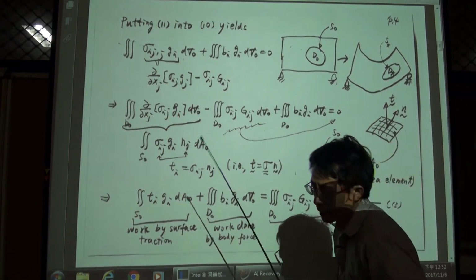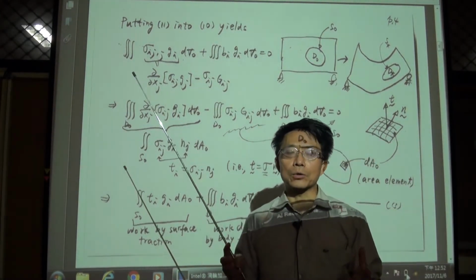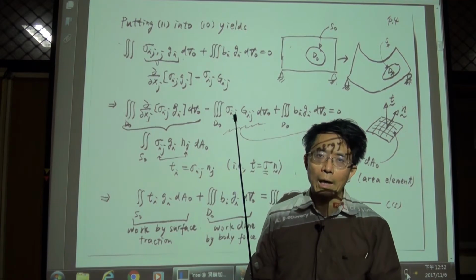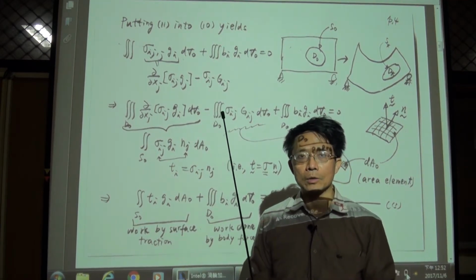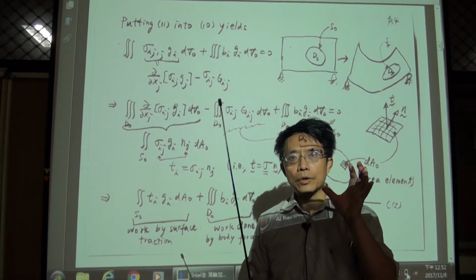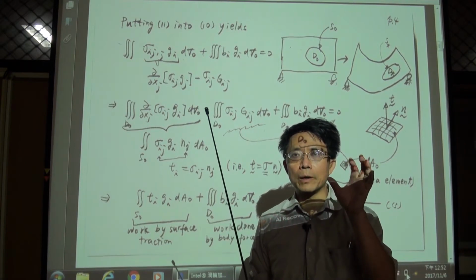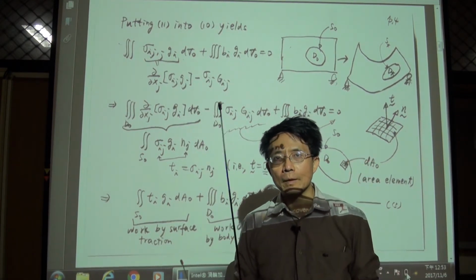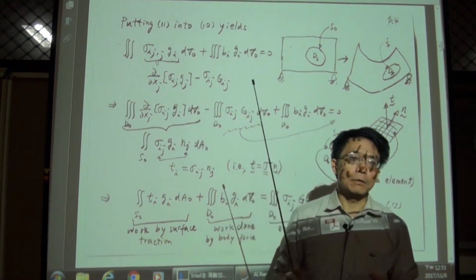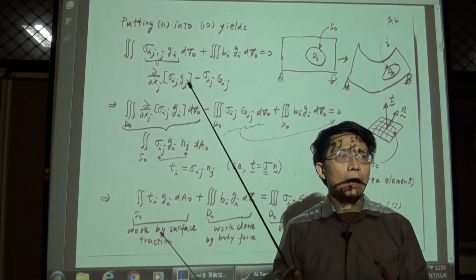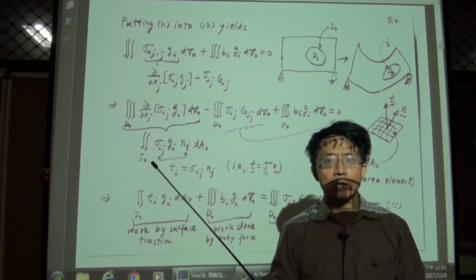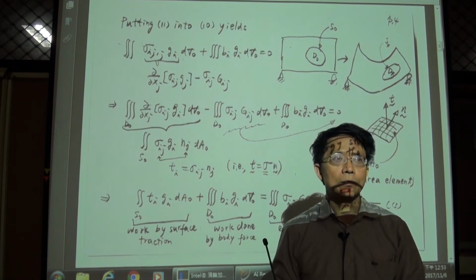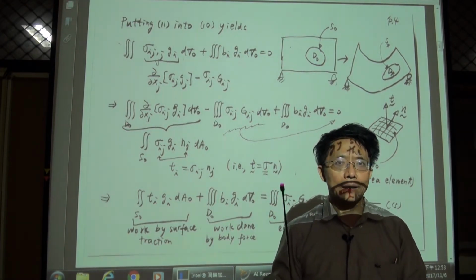Now, if you are doing some work, what happens inside the material point? The material domain will be deformed. Once it deforms, we have some strain energy developed inside the body, right?